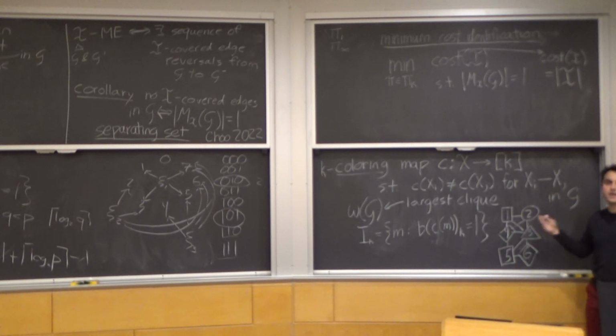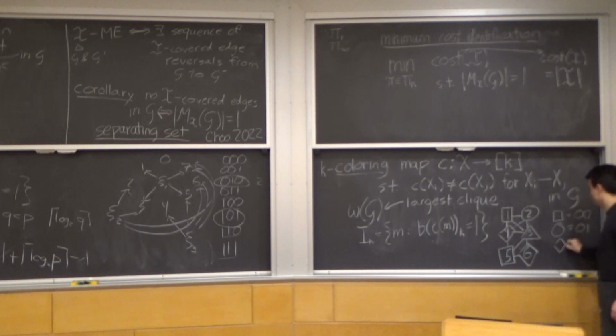And then each of those colors, say square is equal to 0, 0. Circle is equal to 0, 1. Diamond is equal to 1, 0. And triangle is equal to 1, 1. Then you do the same thing with assigning what the intervention targets are.